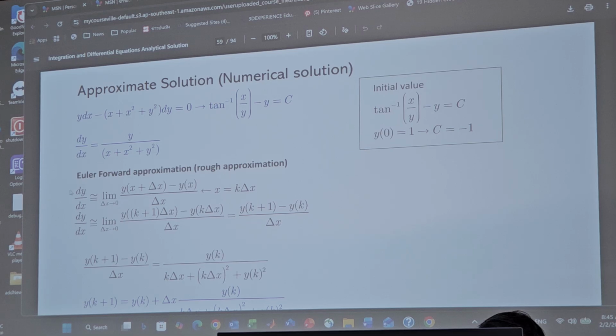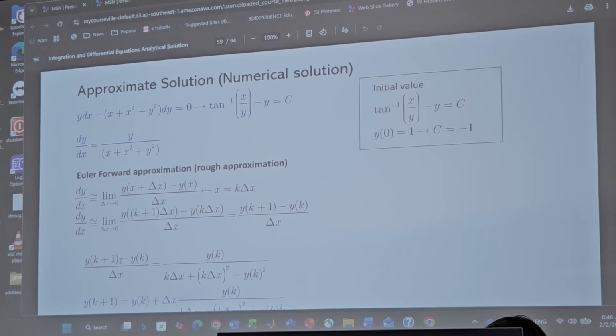So you have a derivative, right? You go to this one, approximate: y(x + delta x) minus y(x), divided by delta x. If delta x approaches 0, that is an approximation of the derivative, right? We call this the Euler forward approximation.